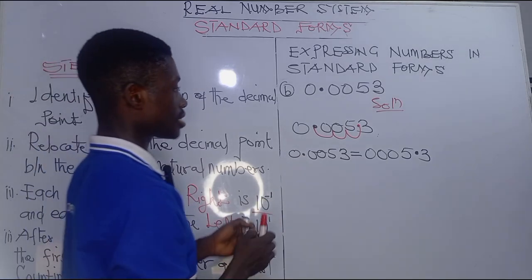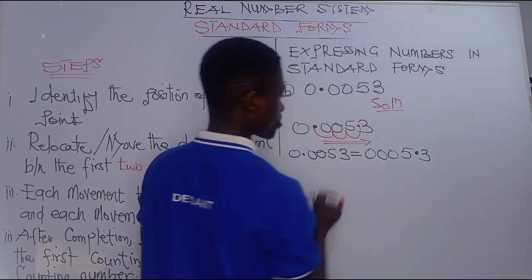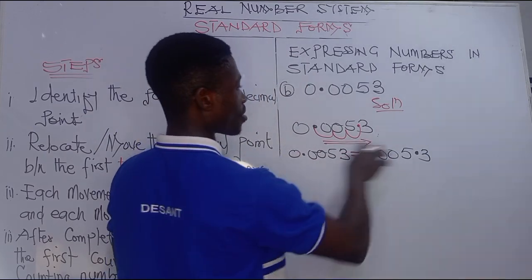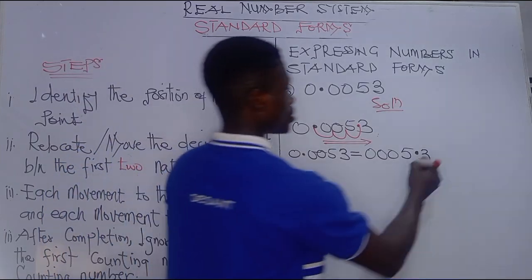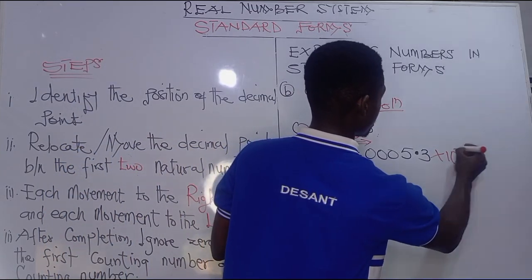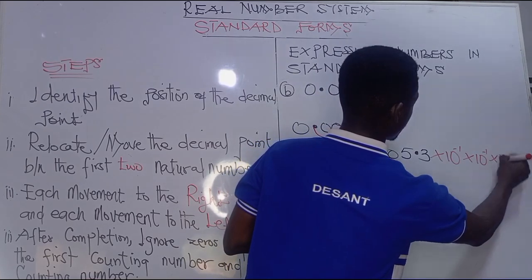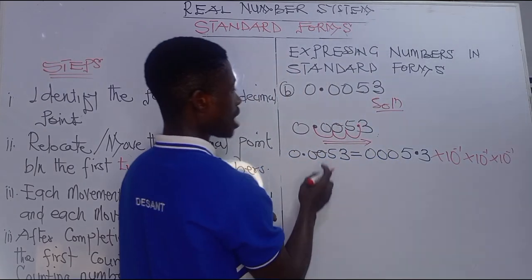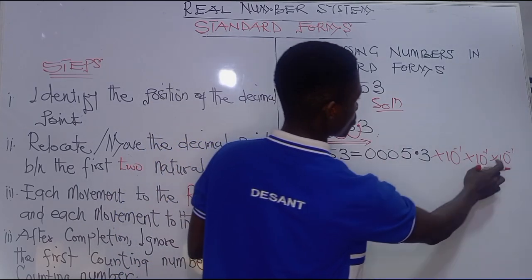So we realize that with this one, we were moving towards the right. And each movement to the right is times 10 raised to the power negative 1. So we have times 10 neg 1, times 10 neg 1, times 10 neg 1, because we moved how many times? 1, 2, 3. Good.